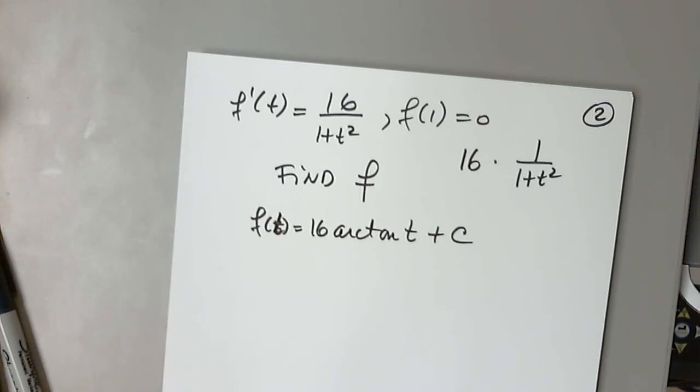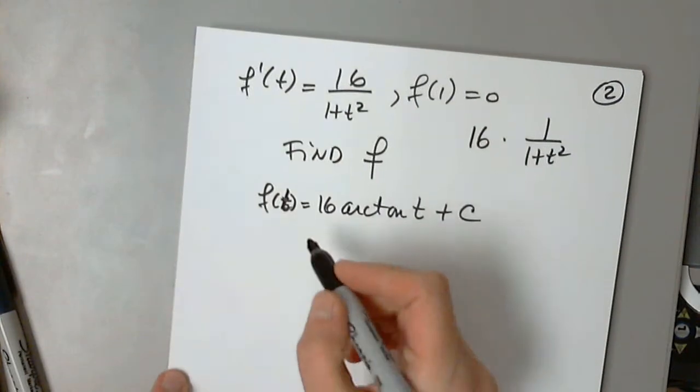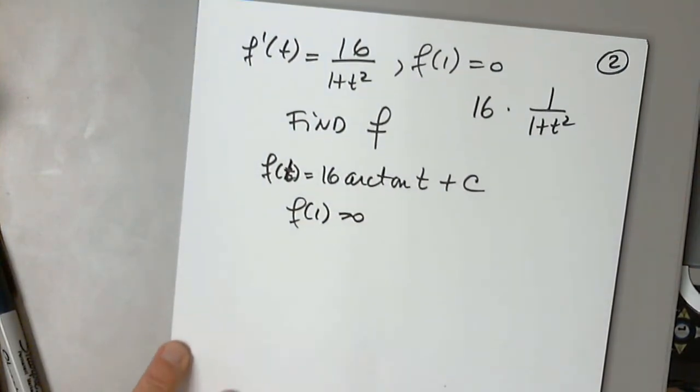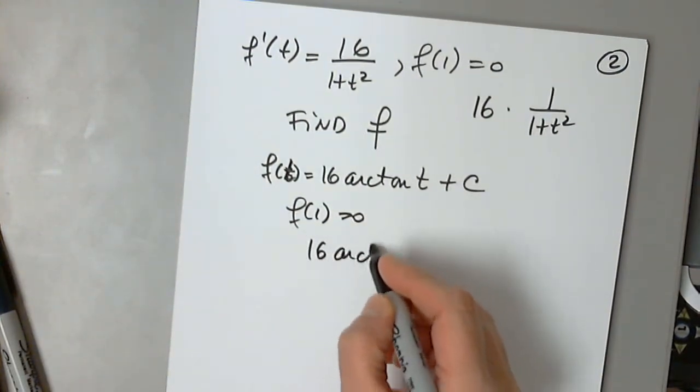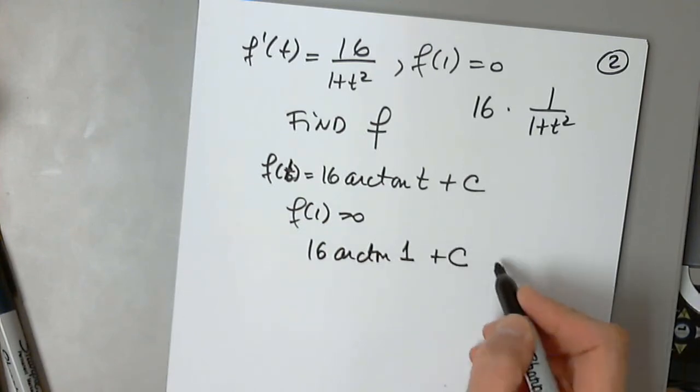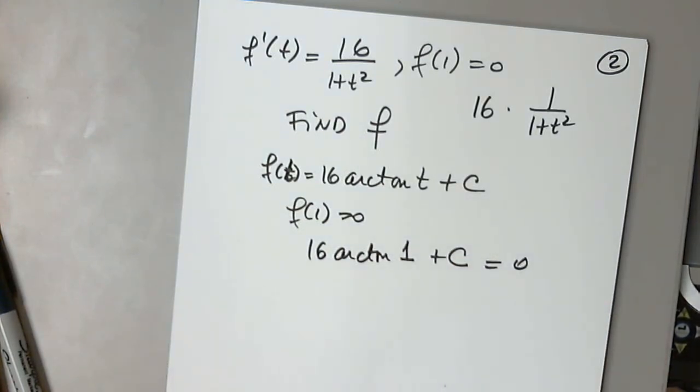However, we have a condition that says f of 1 equals 0, and we're going to plug it in and determine the constant. So we know that f of 1 is 0, which means 16 arctangent 1 plus the constant c equals 0. So now the problem reduces to finding arctangent 1, which means which angle has tangent 1. And there is only one nice angle that has tangent 1.